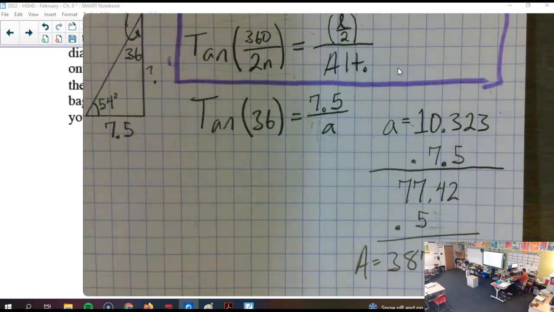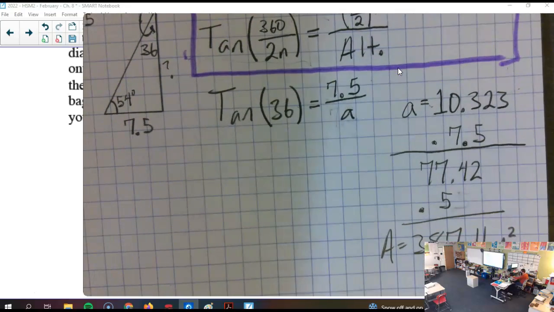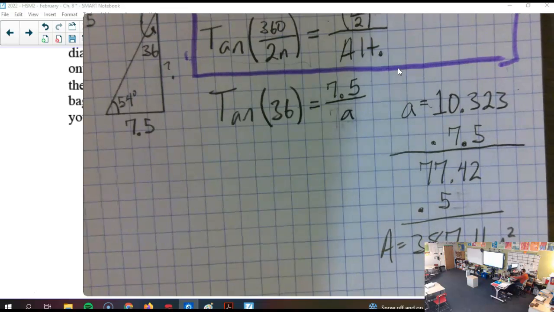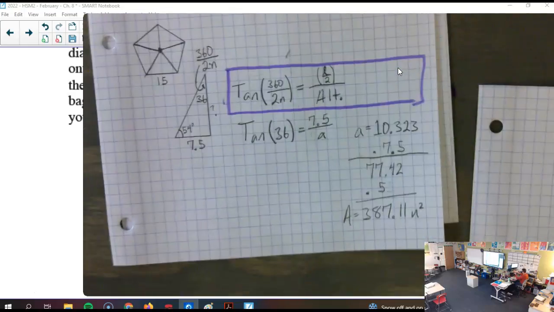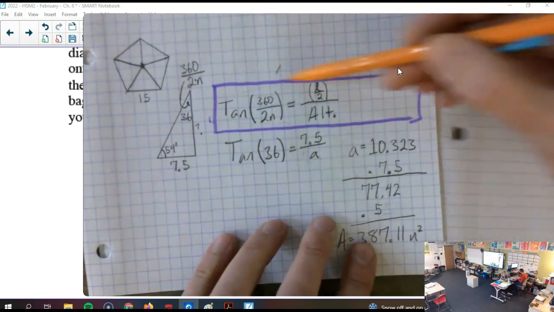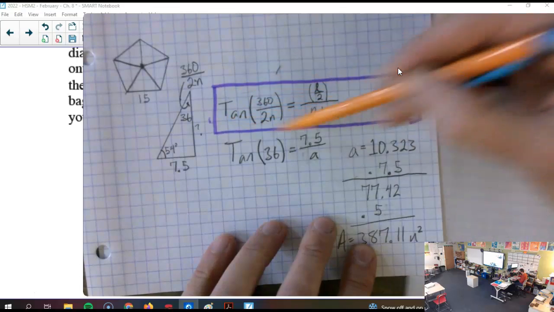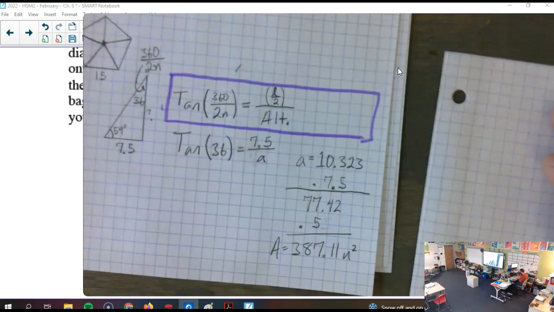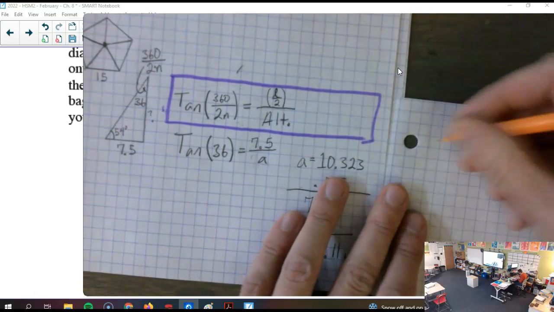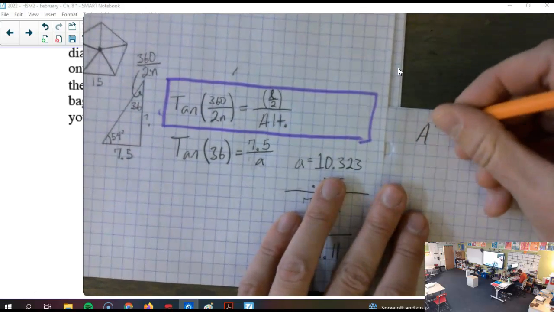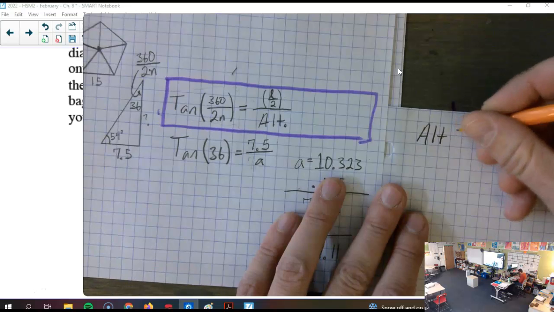So, challenge. Can we write this using generalizations? No specifics to the shape. So we just said the altitude could be found this way, right? Jake, this is where we're going to try to formalize it and do what you were trying to do.